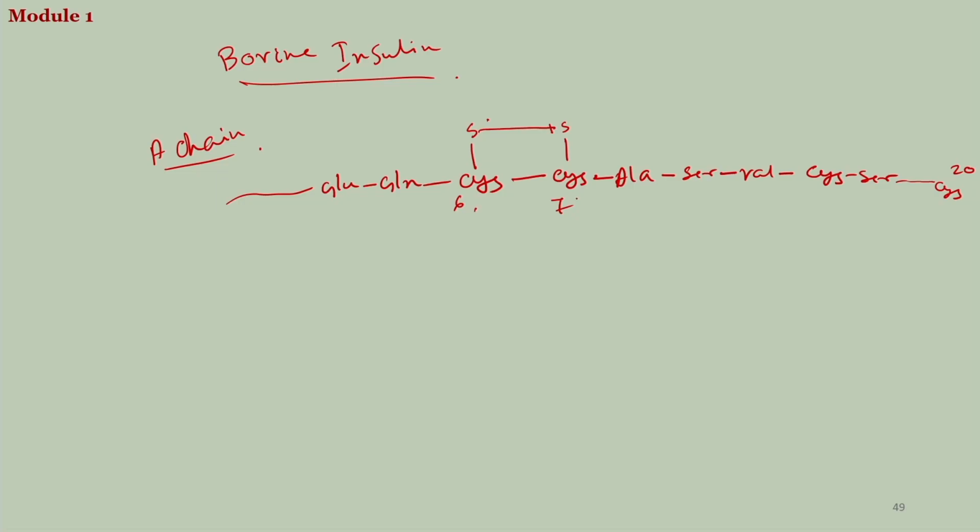Similarly, the second cysteine, alanine, serine, valine, cysteine. Here there is SH, and this S and this S can form the disulfide bond, and therefore the protein structure has to mold or coil so that these two can come within bonding interactions.